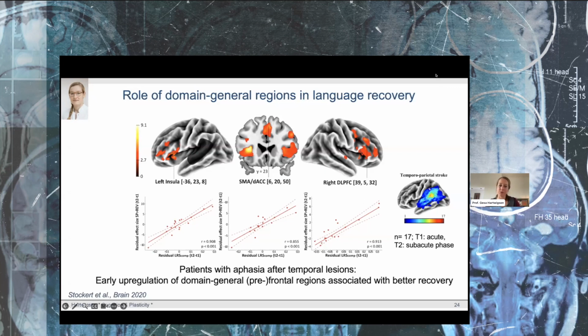So with improvements in the language scores in the aphasia battery from the acute to the subacute phase. So this shows that also in patients with brain lesions, early contribution of the domain general networks seems to be associated with better recovery, seems to be beneficial for recovery.